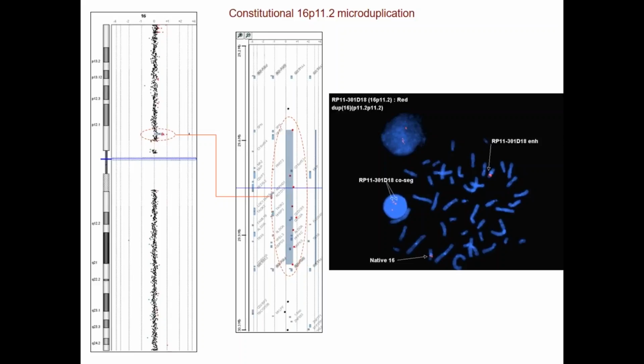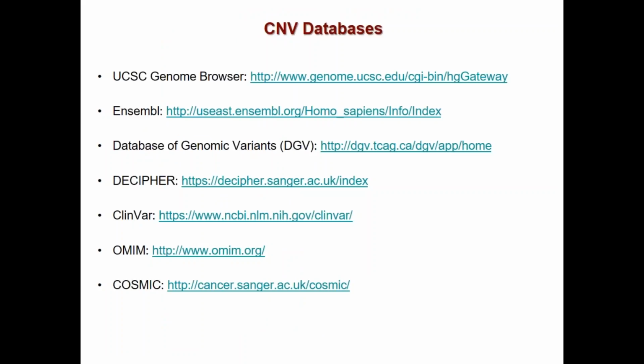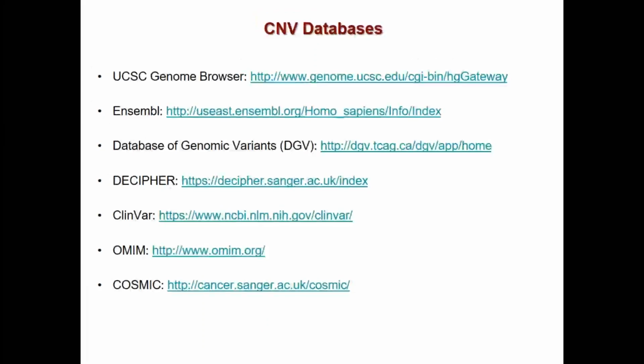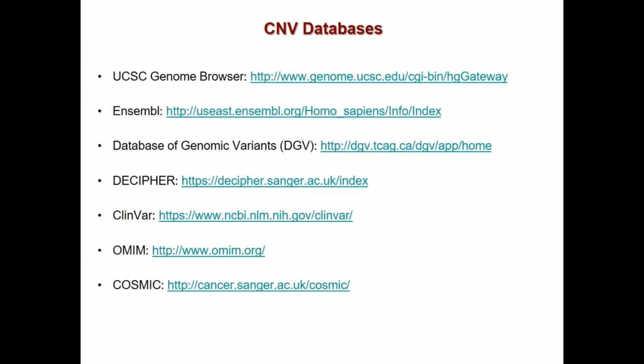I've shown you this technology more in a clinical setting, but it is very, very useful in a research setting, if you want to do any sort of genome-wide CNV analysis in the patient in your research study.